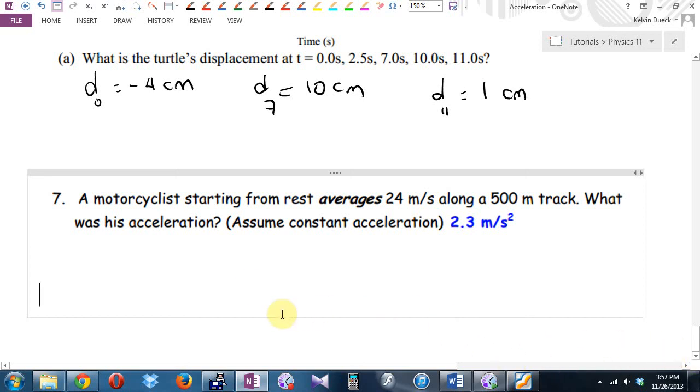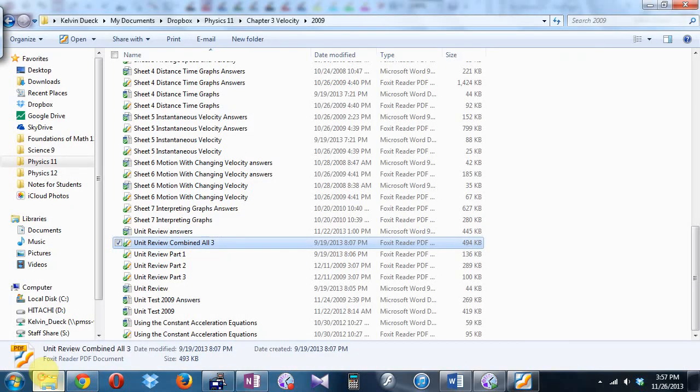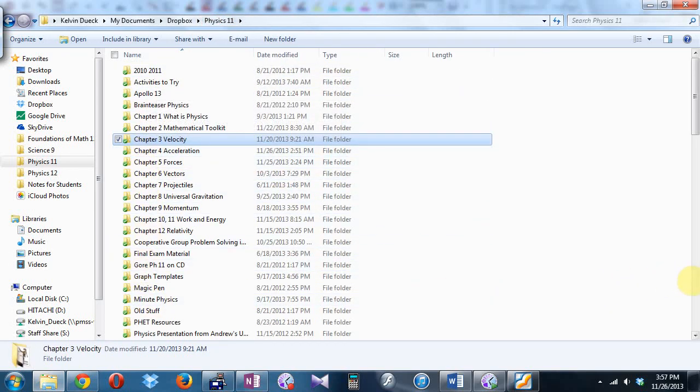Do you have your formula sheet? Have we got any equation that includes the average? I don't use these very often. Let's see. Where is my formula sheet?